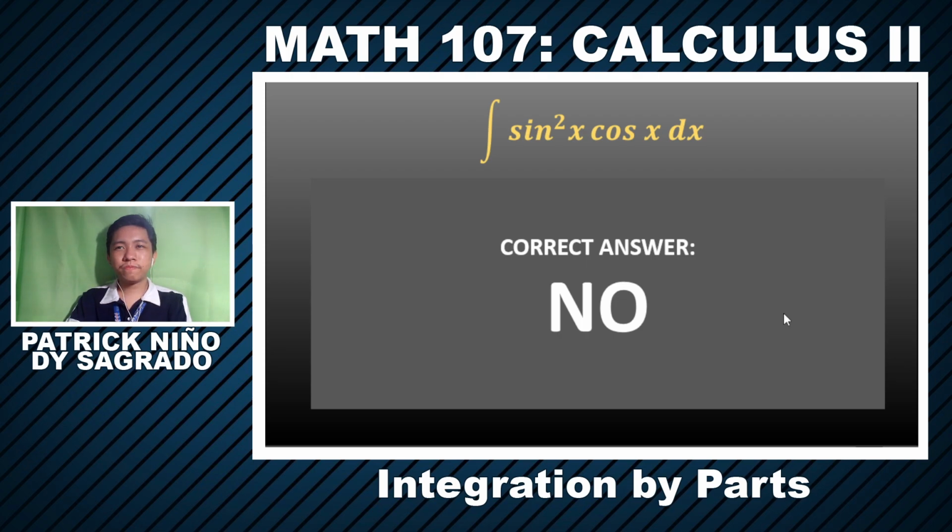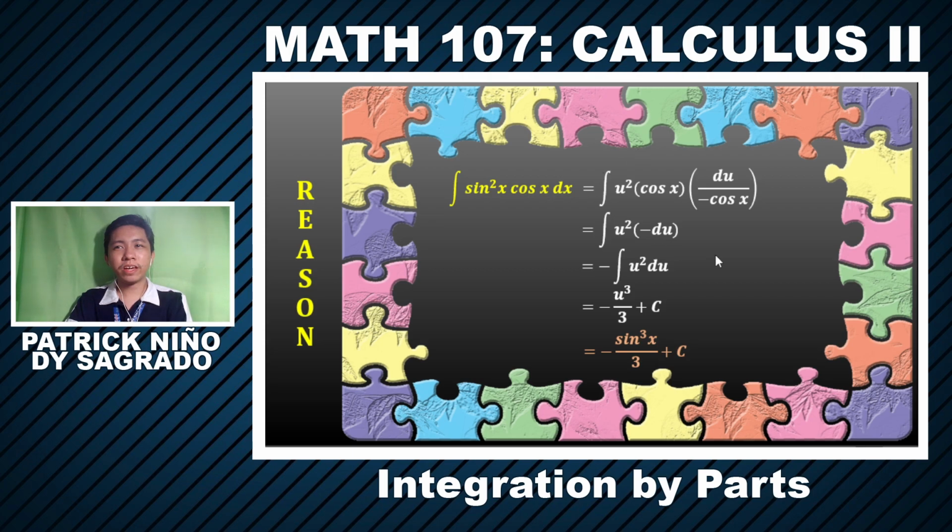So why so? I think we have already tackled this as a previous example in our discussion for integration by substitution, in which case our sine x is our u. Substituting all of that, our dx is du over minus cosine x. Cancel that out, and we have negative du.